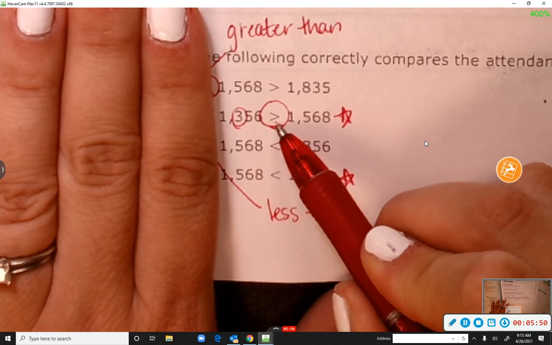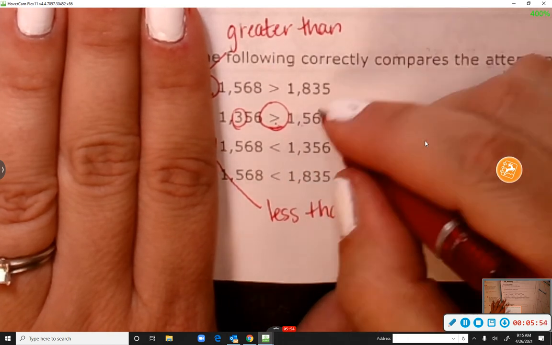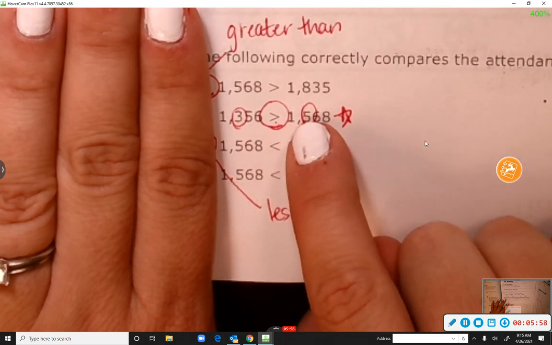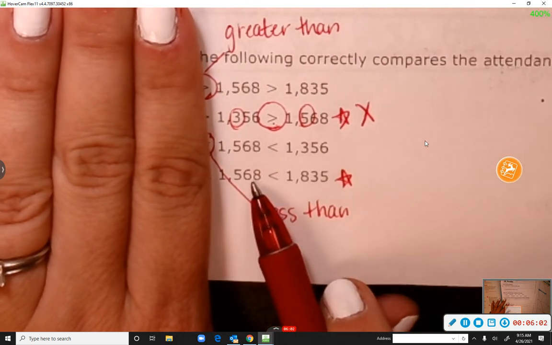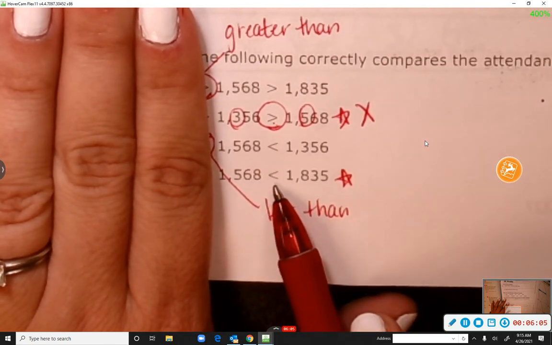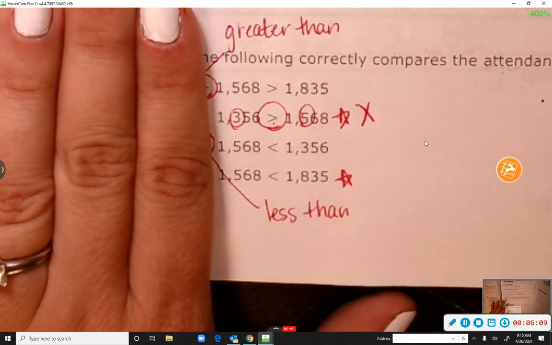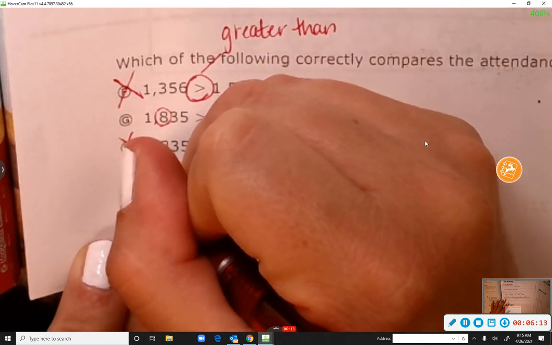Greater than 1,568. Is that true? No, because 3 is not greater than 5. It's less. 1,568 is less than 1,835. Is that true? Yes. So J was correct.